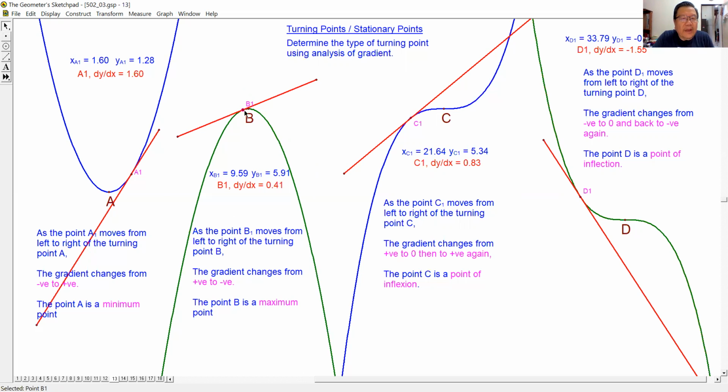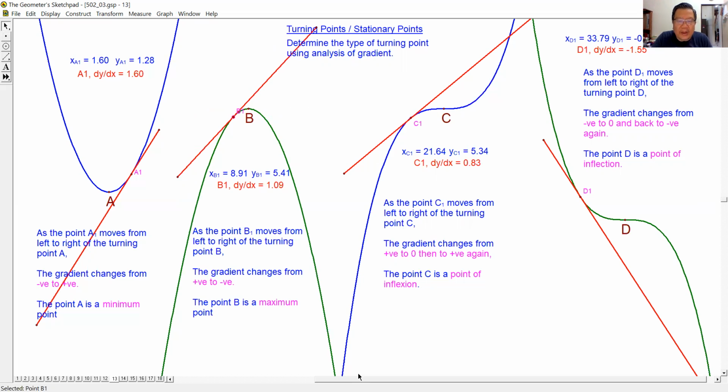If you look at the gradient, from positive it becomes 0, then from 0 it becomes negative. So we say that the gradient is decreasing.